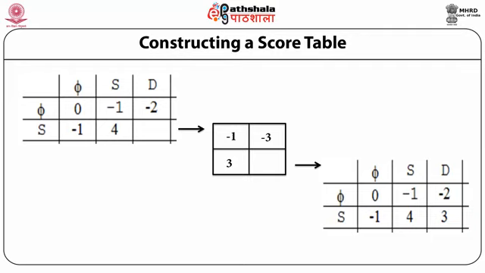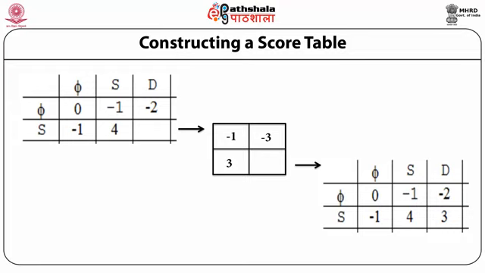Now we will find the score of aligning S in vertical sequence with D in horizontal sequence using the BLOSUM62 matrix. The score is 0 and we will add this 0 to the number in the cell diagonally up on the left side. This cell presently contains -1. Therefore, adding 0 to -1 results in a total of -1.